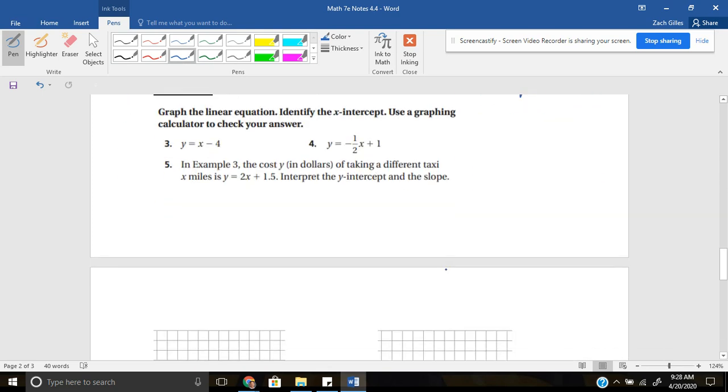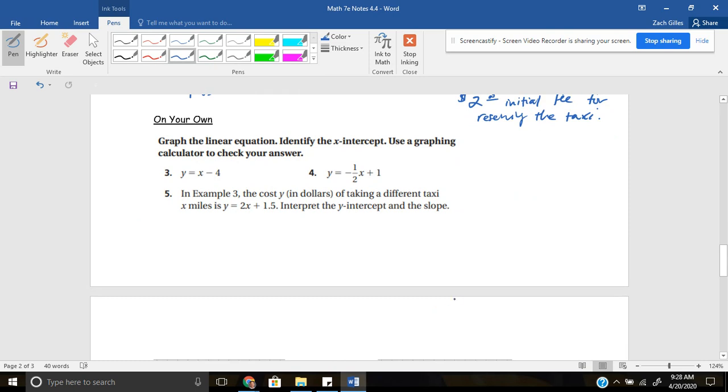All right, now for 3, 4, and 5, it says graph the linear equation, identify the x-intercept, use a graphing calculator to check. So if you want to use a graphing calculator, don't be afraid to head over to Desmos to be able to check some of your answers.